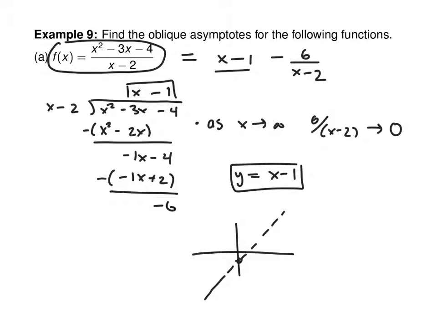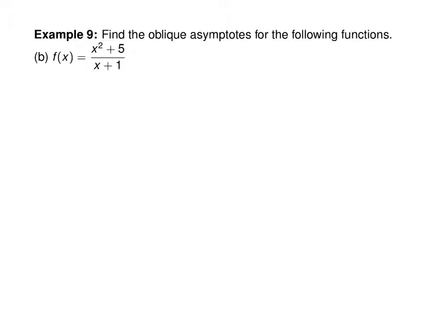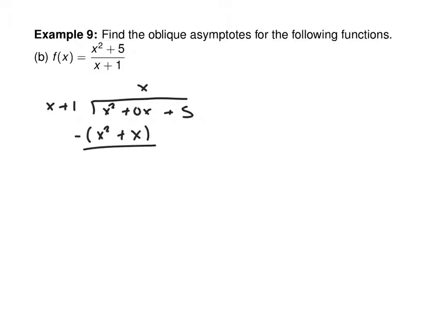So do the long division. So x plus 1 going into x squared, I'm going to put in a 0x plus 5. So what do you multiply x plus 1 by to make it match that x squared? X squared plus x. Take it away. All right, do you get positive or negative there?